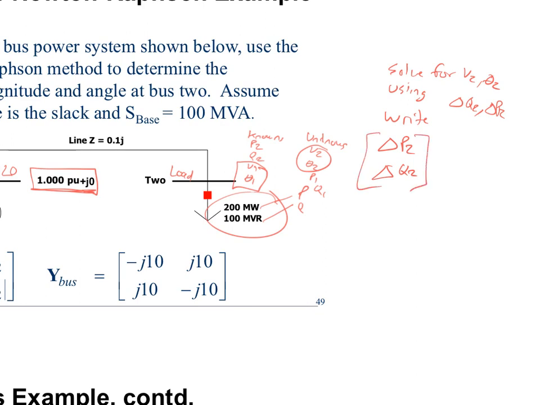This is my f of x. And what that's going to do is solve for theta 2 and V2, which is my x equation.